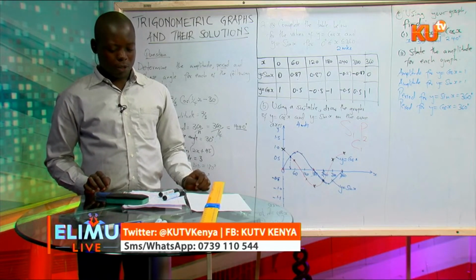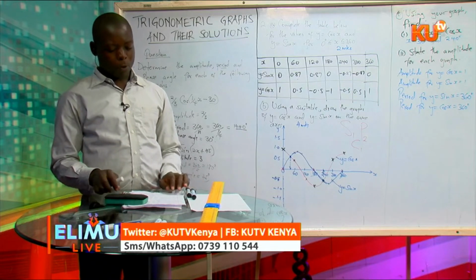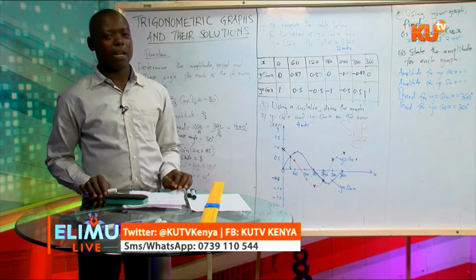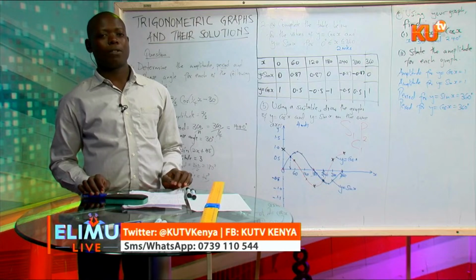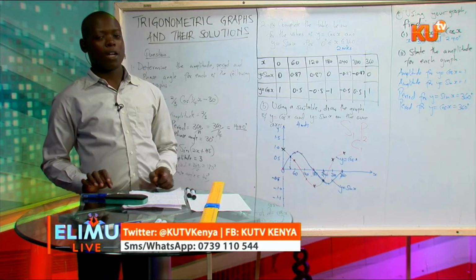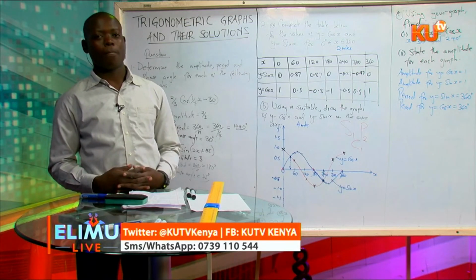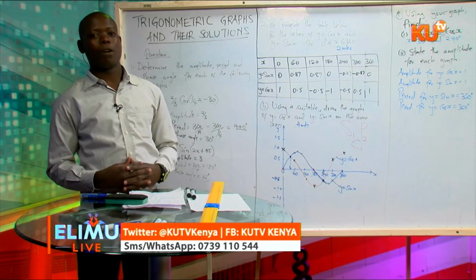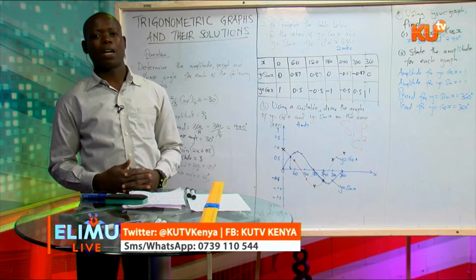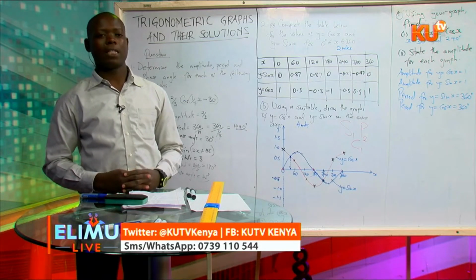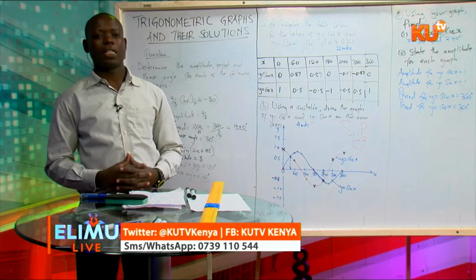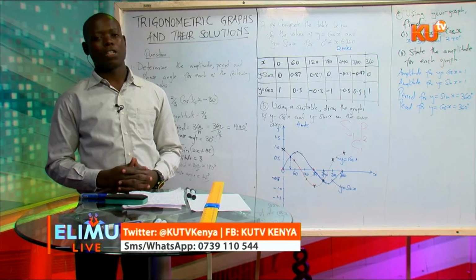Something that you also need to know is that when you're looking at the tan graphs, we will be drawing them, but only if we have a specific phase angle. A specific phase angle that will make that graph continuous at the points 90 degrees, 270 degrees, 540 degrees, and so on.